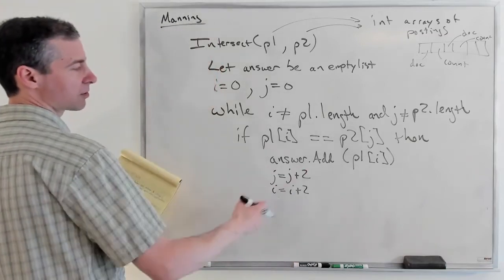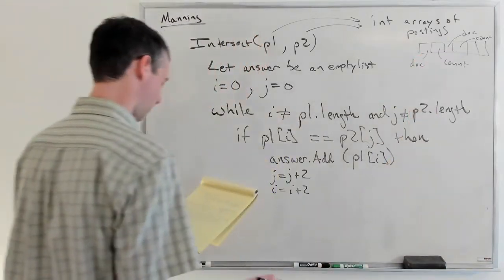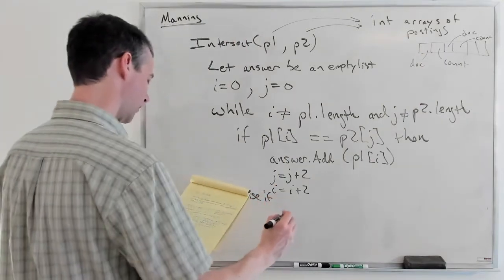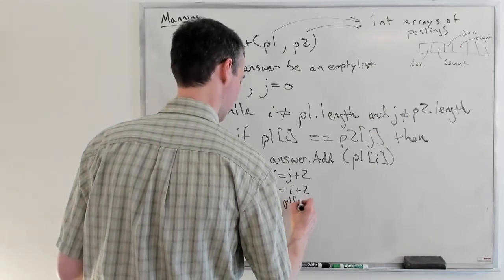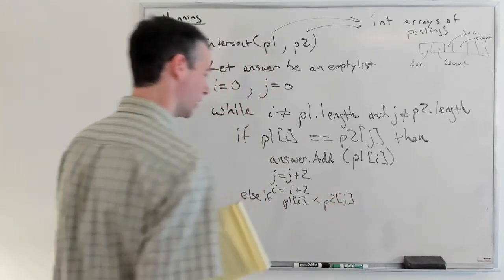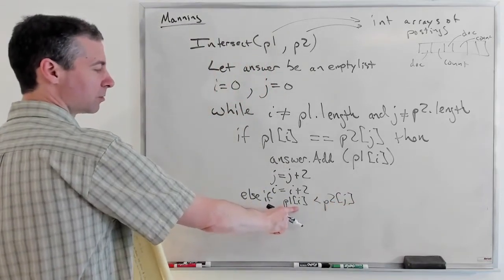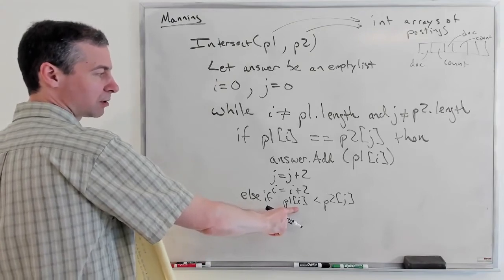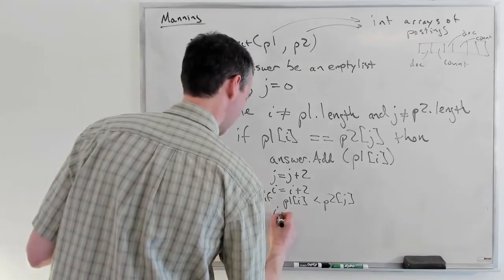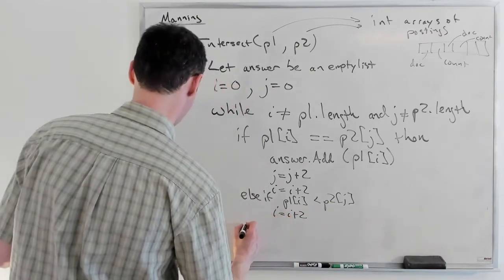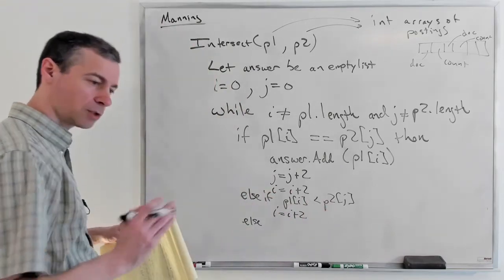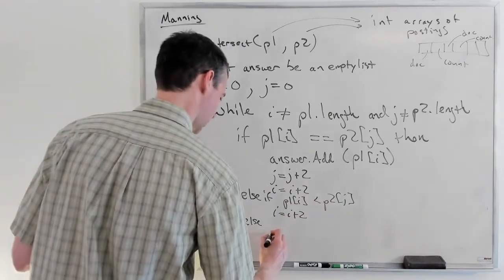The plus 2 is to skip over the count. Else, if P1 of i is less than P2 of j, so our index into P1 is smaller, we need to move P1 forward. So i is equal to i plus 2. Otherwise, P2 is smaller than P1, and so we need to move the j index forward.